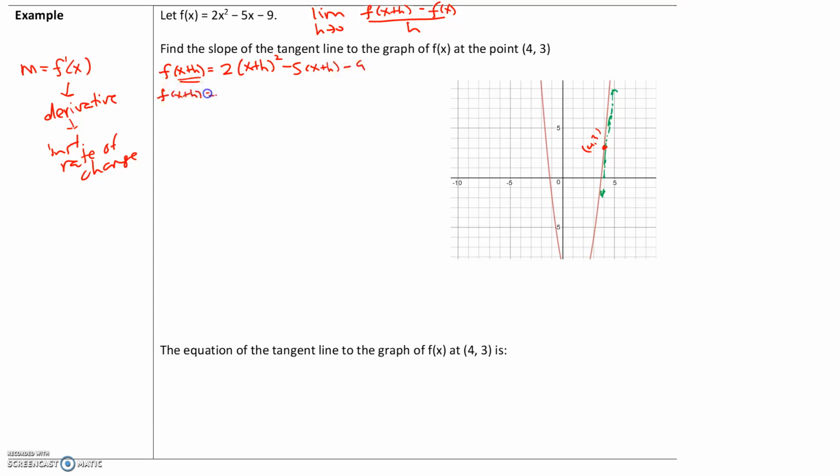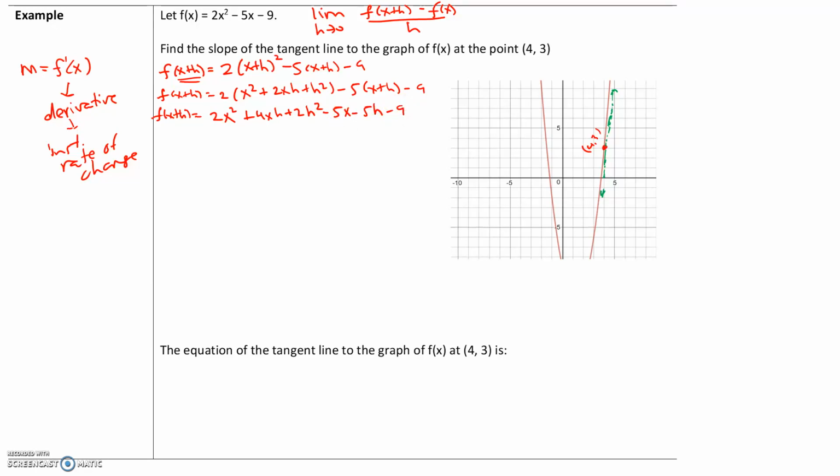So f of x plus h equals 2 times, if I FOIL this, x squared plus 2xh plus h squared, minus 5 times x plus h, minus 9. So f of x plus h is equal to 2x squared plus 4xh plus 2h squared minus 5x minus 5h minus 9.